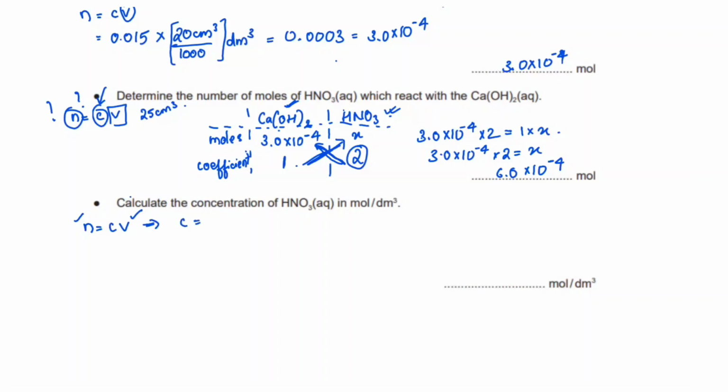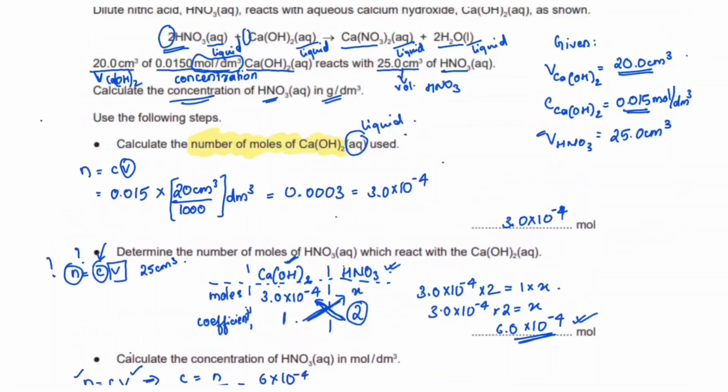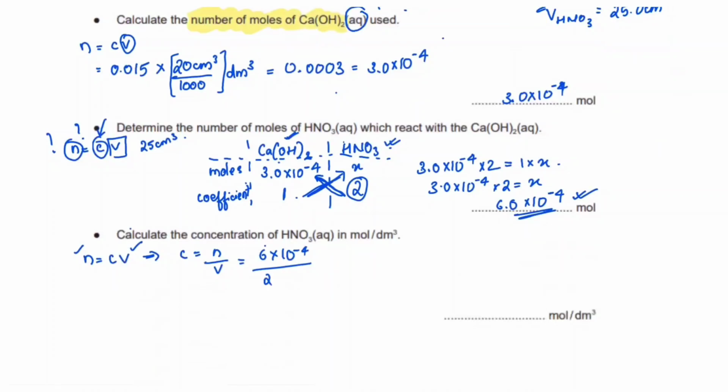So C will be equal to N by V. We know the number of moles of HNO3 as well as the volume of HNO3, so we'll just substitute that and find out the answer. The number of moles, we found it as 6 into 10 raised to minus 4, divided by the volume of HNO3 used, which is already given to us. It is 25 centimeter cube.